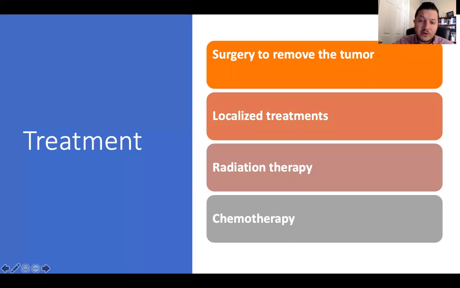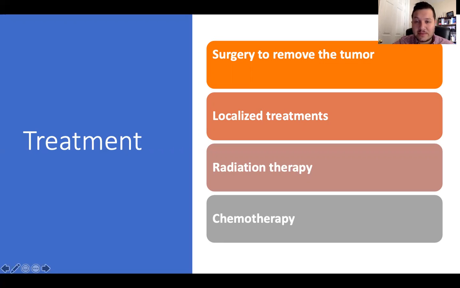So after the diagnosis of what type of stage the patient is in, there's several treatment options currently. This is just some of them, some of the main ones that I came across in my research. So one of them is surgery to actually remove the tumor. This can be a partial or complete hepatectomy, if I said that right.